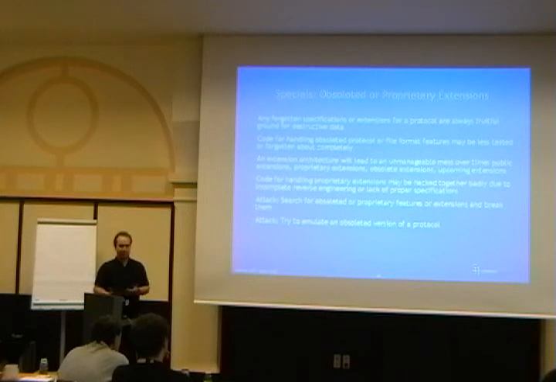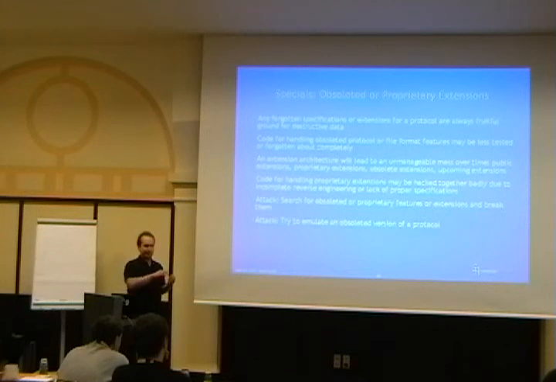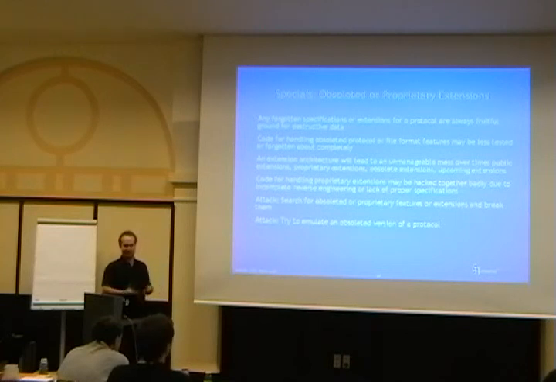Also, if there are proprietary extensions, somebody might have done reverse engineering for these proprietary extensions, let's say competitors' extensions, and hacked together some kind of mutant code that takes a look at these proprietary extensions and tries to make sense of them.